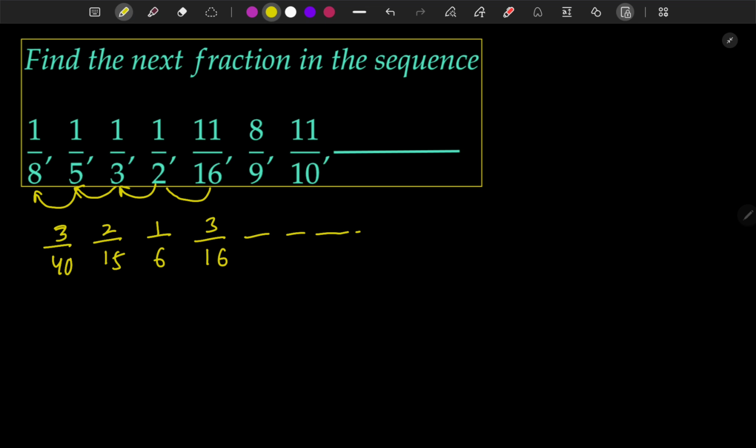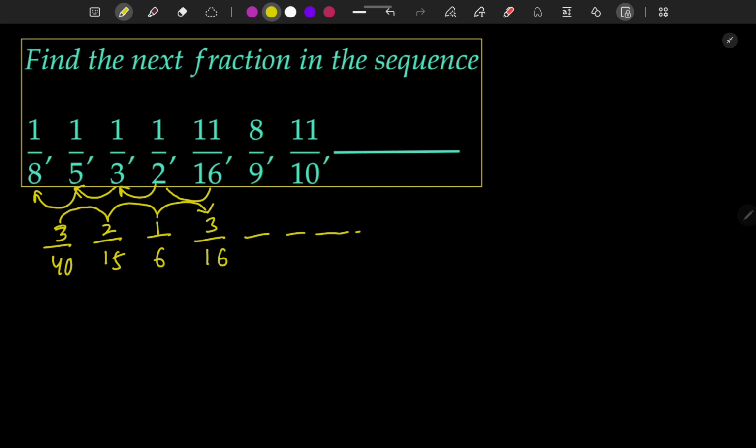Let us observe this. You see here, in these differences, the difference between every two consecutive terms is not the same. And moreover, if you want to find a sequence between these differences, you see here 3, here 2, here 1, and next that should be 0, but there is 3.